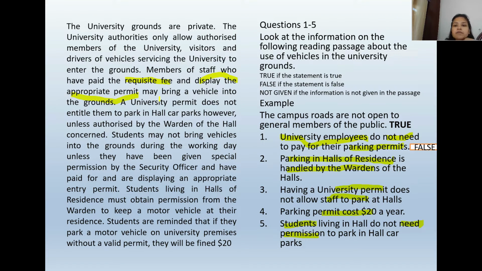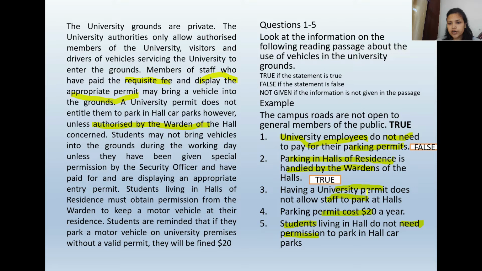So let's read. A university permit doesn't entitle them to park in hall car parks, however, unless authorized by the warden of the hall. Means who is the authorized person? Warden of the hall. And here it is mentioned parking in halls of residence is handled by the wardens of the hall. So it would be true. Okay. Next. Students may not bring vehicles into the grounds during the working day unless they have been given special permission by the security officer.